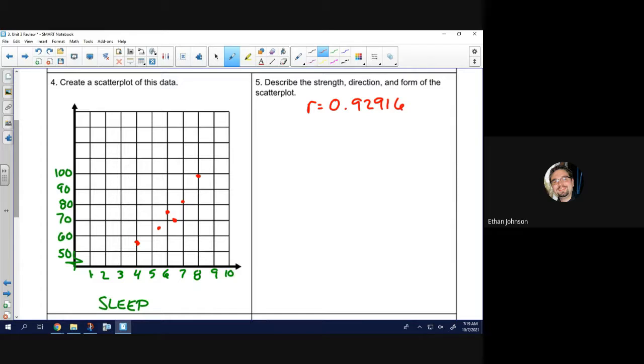All this falls under strong, positive, linear. And that is our strength, direction, and form. Strength is strong, direction is positive, and form is linear.